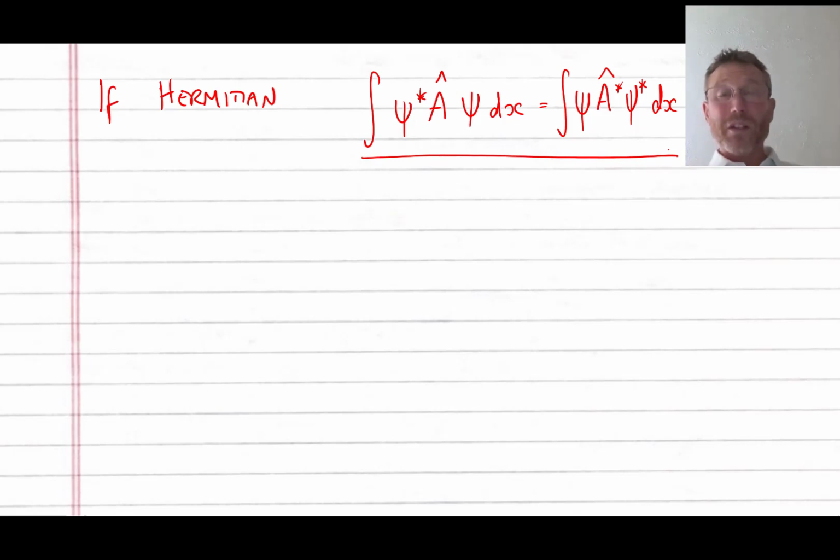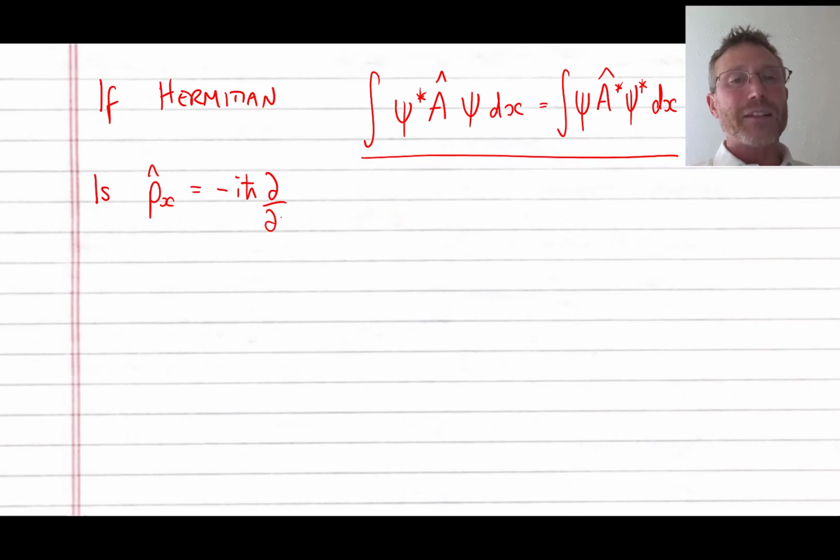So what we're going to do is illustrate that the quantum mechanical operator for momentum is indeed Hermitian. So let me write down what our goal is next. The question we're addressing is: P sub x hat, this operator, which we know is equal to minus i h bar d by dx, is that Hermitian?